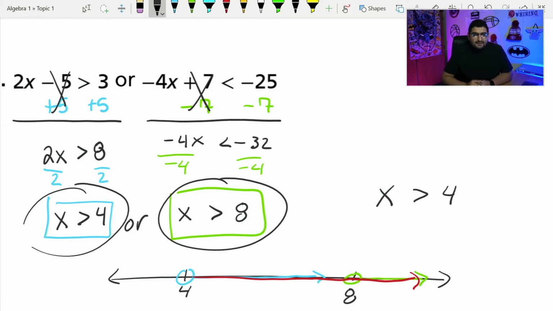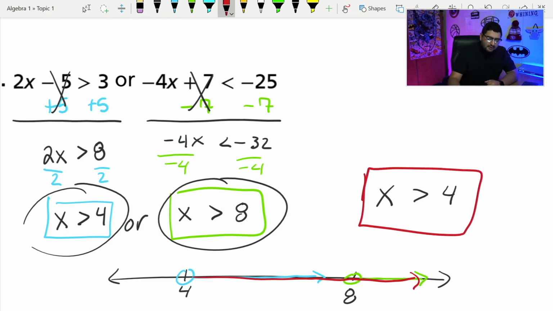So any number that satisfies x greater than 8 is also going to satisfy x greater than 4. Therefore, instead of writing both inequalities, I'm only having to do x greater than 4, because any value that's part of the other inequality is already included in x greater than 4.